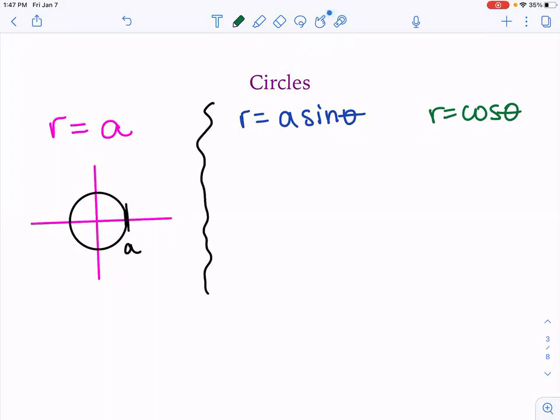We have r equals a sine theta. Our circle is going to go through the pole. It's going to be tangent to the pole. a is going to represent its diameter.